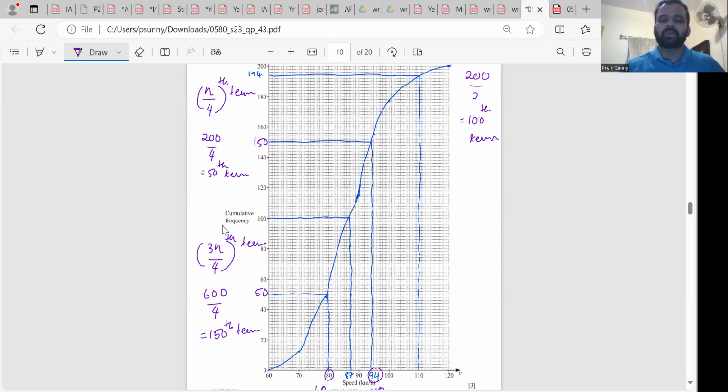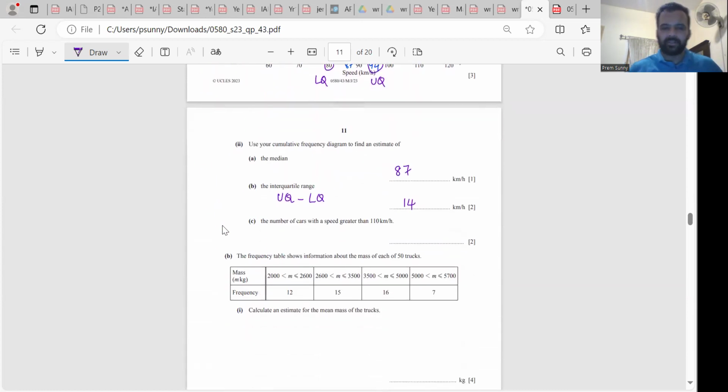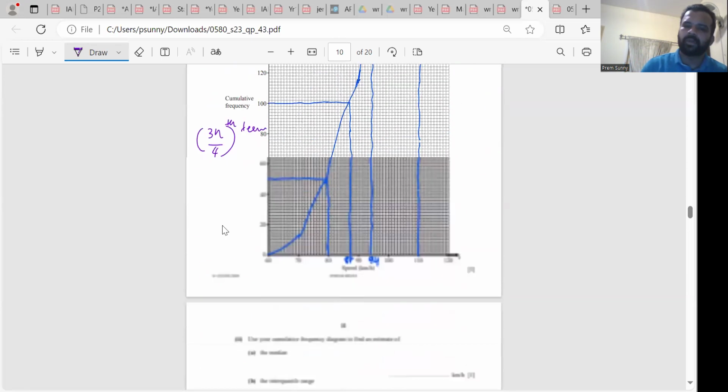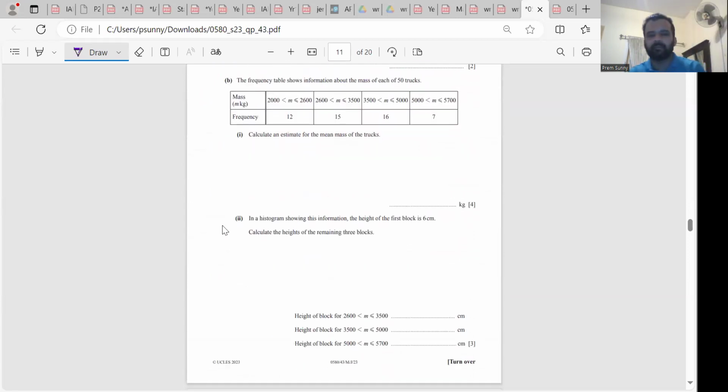From there, draw a horizontal line until it touches the y-axis, that is 194. So 200 minus 194, there are 6 cars with a speed greater than 110 km per hour. That is how we do this cumulative frequency diagram.